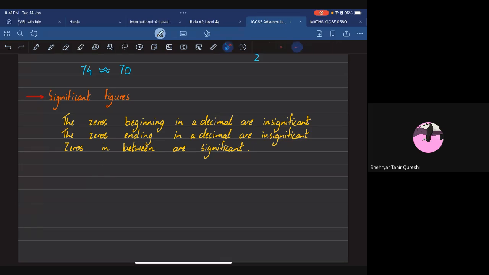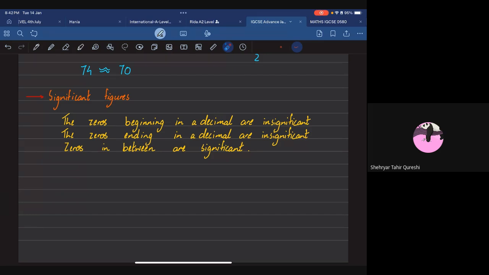So, for example, 200 can be written as one significant figure. But depending on the question, you can even write it as three significant figures. It depends on the question itself. Is this fair, guys? This is not an issue. This is something that we already know how to do.